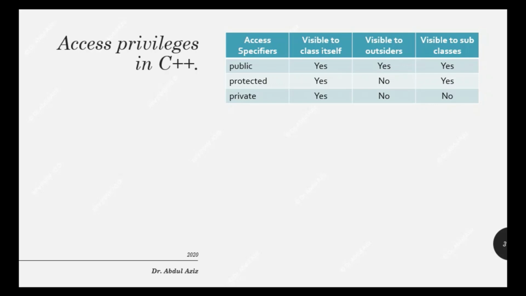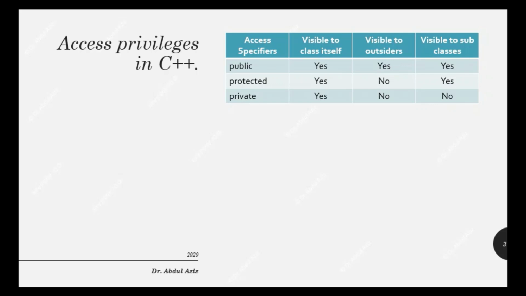Protected and private are hidden, they are encapsulated and they are not available to the outsiders. Similarly, once we create a subclass, the visibility for the subclass is for the public and protected entities. Even our subclasses are not allowed to access the private data or functions.